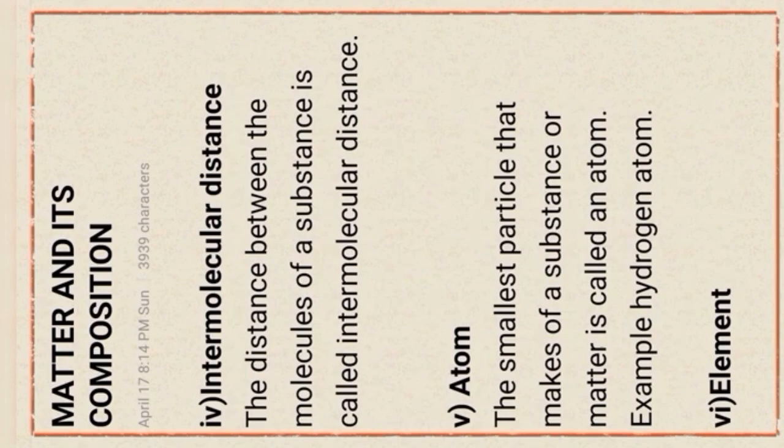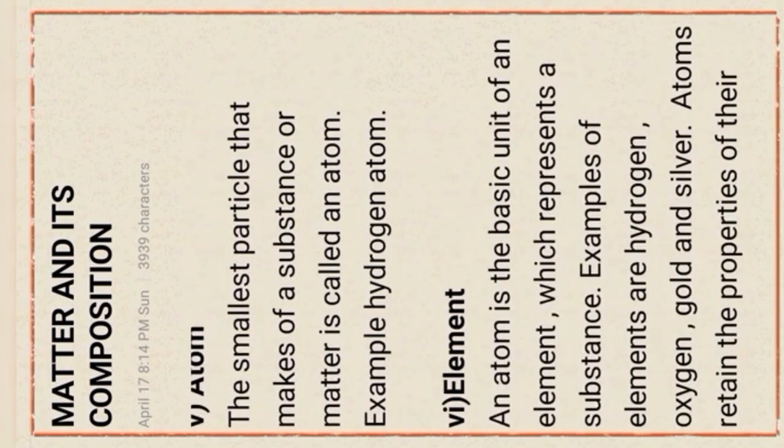Next defined term, atom. The smallest particle that makes up a substance or matter is called an atom. Example, hydrogen atom. Next defined term, element. An atom is the basic unit of an element, which represents a substance.